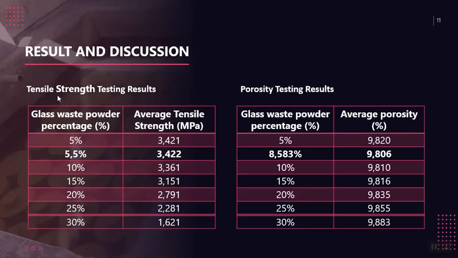And these are the tensile strength testing results and porosity testing results. On the tensile strength testing, we get a percentage of 5.5% and the maximum tensile strength of 3.422 megapascal. And the porosity testing result on the glass powder is 8.583% and the average porosity is 9.806%.